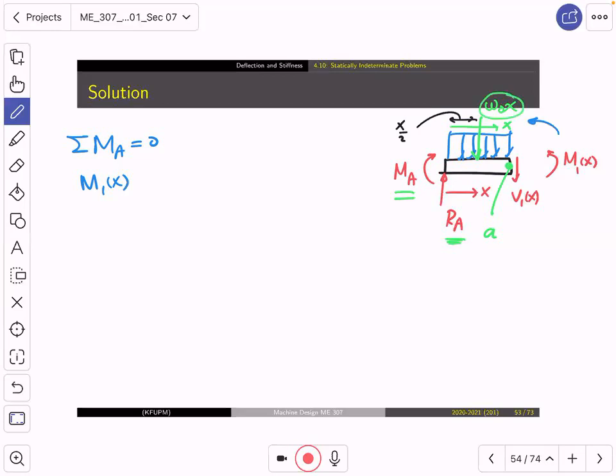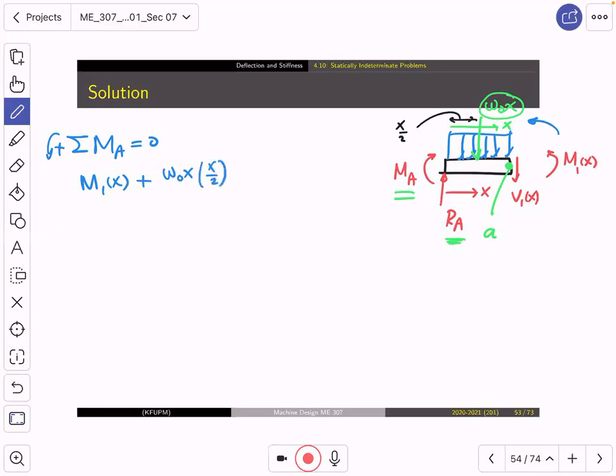So if I write down the equation, it will be like this. If I take counterclockwise as positive, then I will have M1x plus the resultant force from the distributed load, which is W0x multiplied by x over 2.